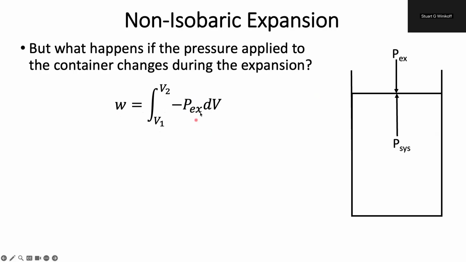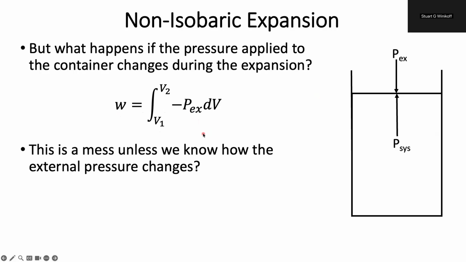Well, if that pressure is changing, it probably has a volume dependency, meaning I can't pull that pressure out of the equation, which means I need to integrate it, which turns out we can't actually do unless we know the volume dependency of the external pressure, which means we need an equation to describe how that pressure changes with volume.